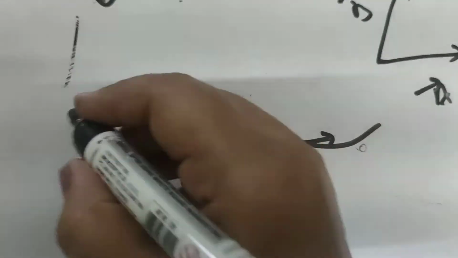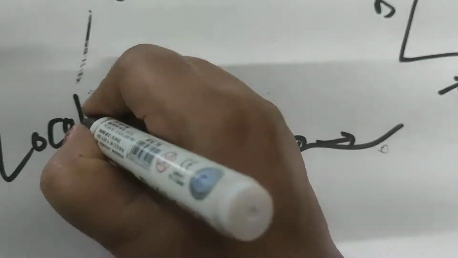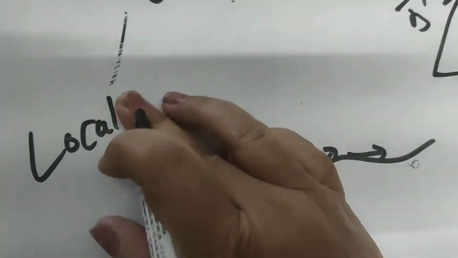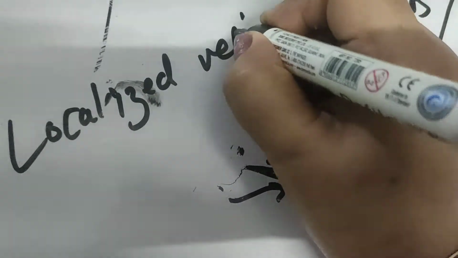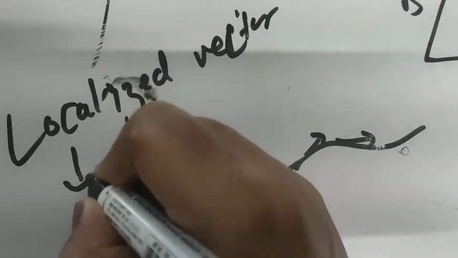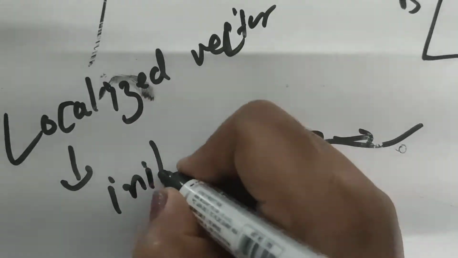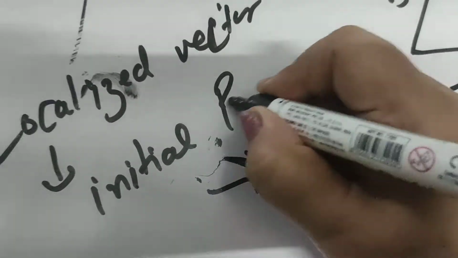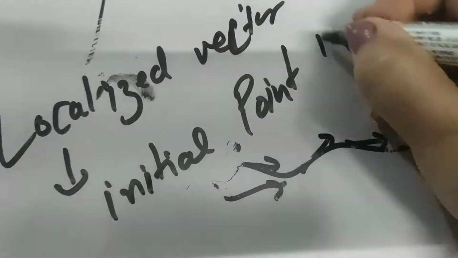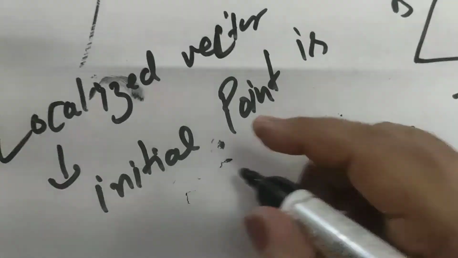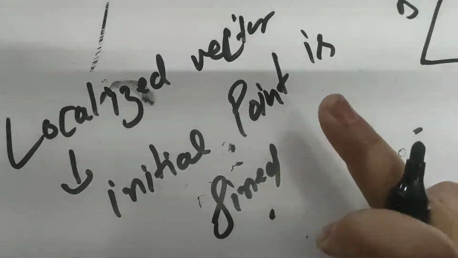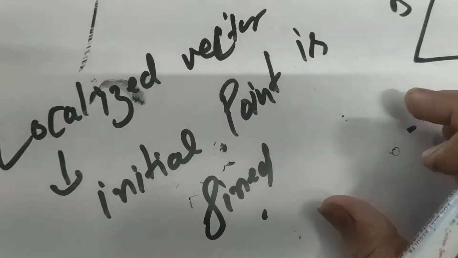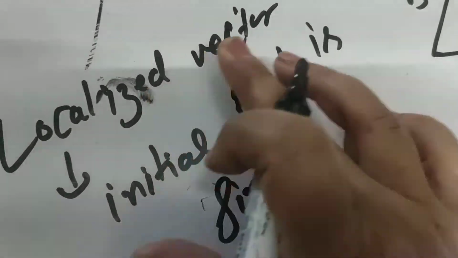Similarly, let us talk about localized vectors. Localized vectors are those vectors whose initial point is fixed. We have studied it earlier also, so don't confuse co-initial and localized.